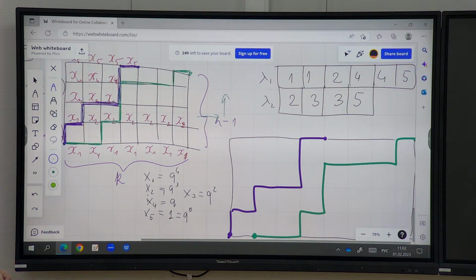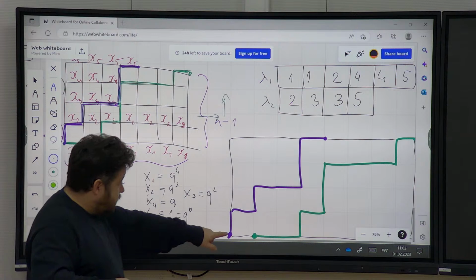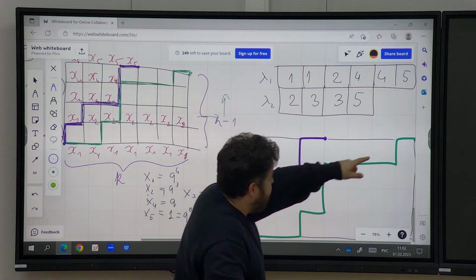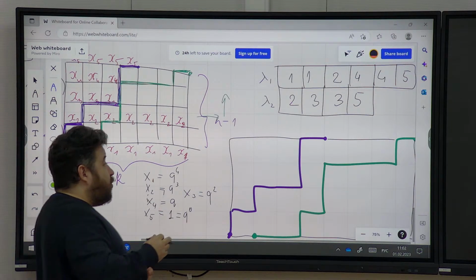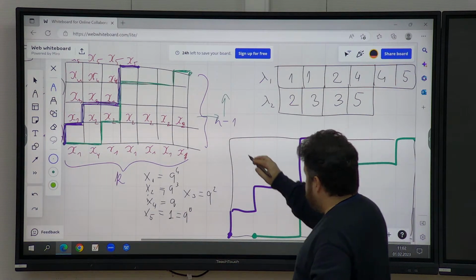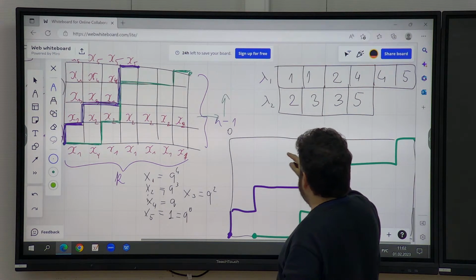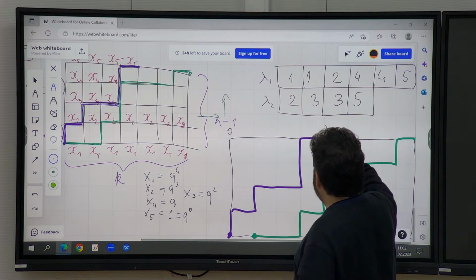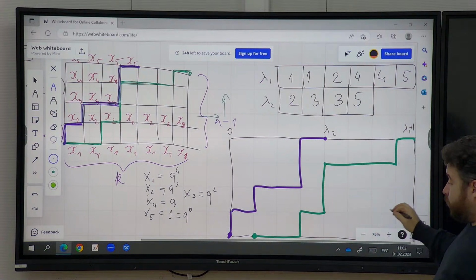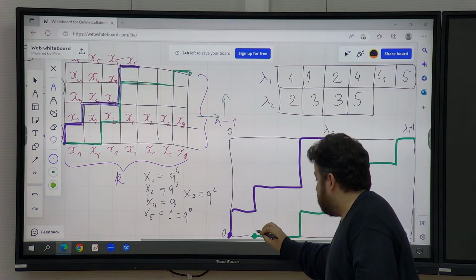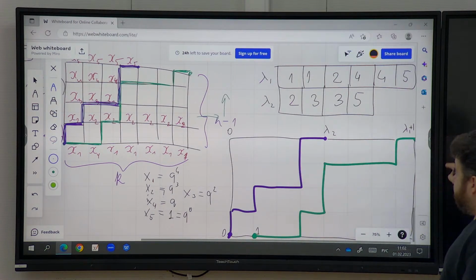So going from this point to this point, from this point to that point over here, and not intersect each other. So if this is 0, this is 1, 2, 3, this is lambda 2, and this is lambda 1 plus 1, because I shifted this path by 1. Okay, that's right. So I would like to compute such a number of pairs of paths.